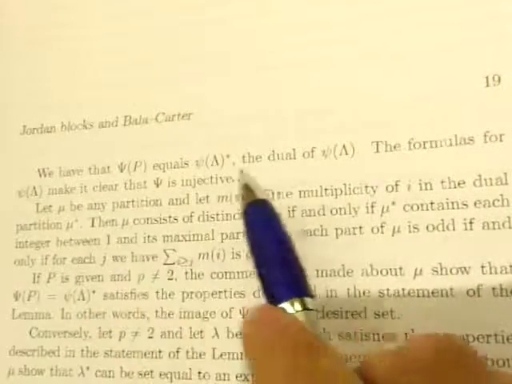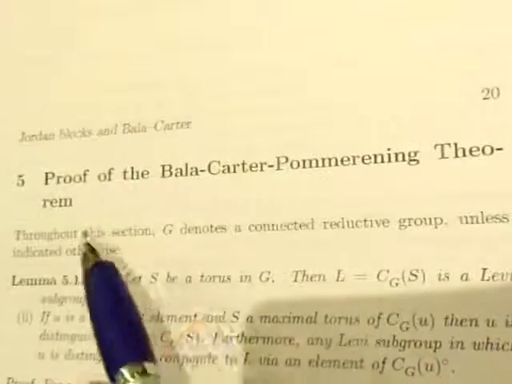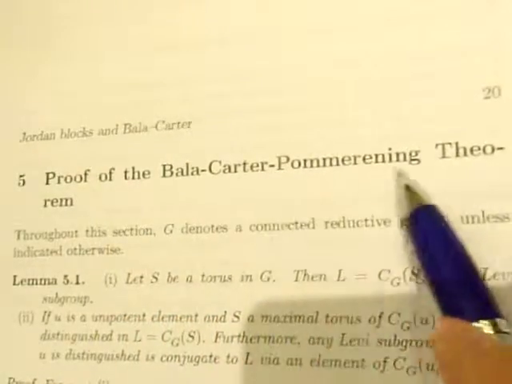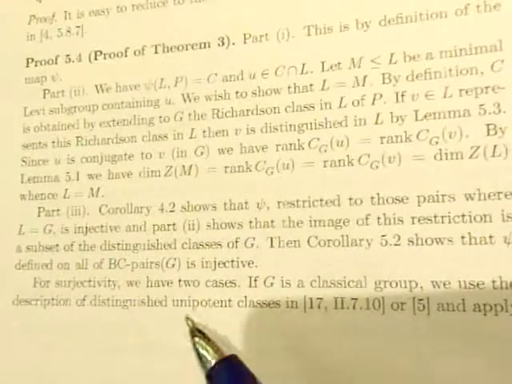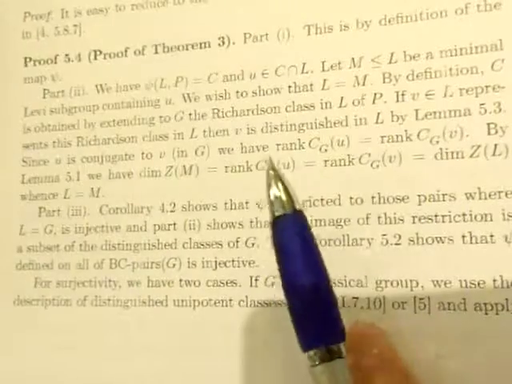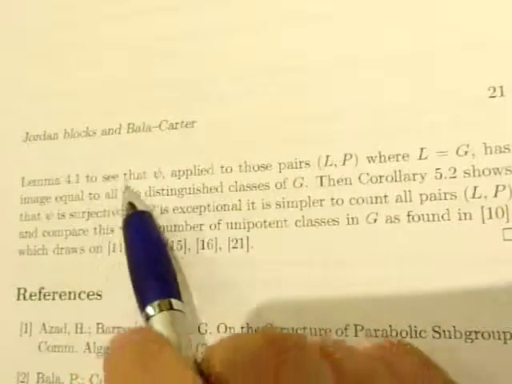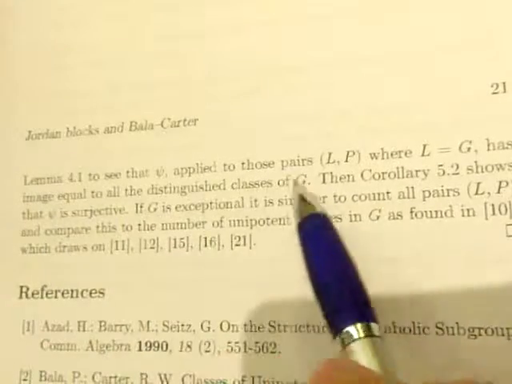Function such event number parts. We have the equal dual formula, making way for counts for the classical group following the previous lemma. Proof of the programming theory. Corollary: the restricted pair has the injective part, showing the initial set with the single case. The lemma should apply to the pair equal to the single class.